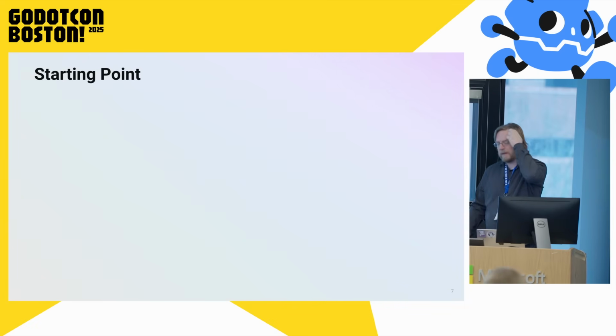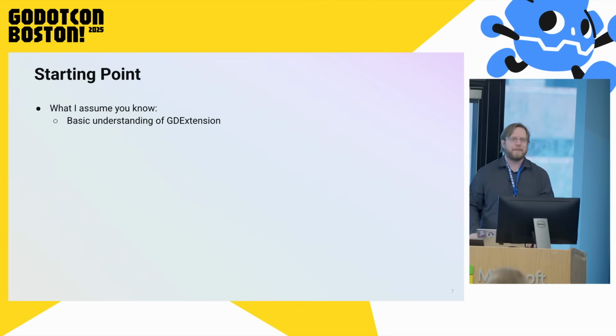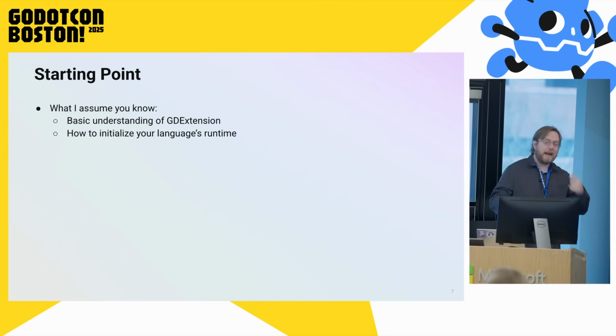So as a starting point, I'm going to have to assume you know a few things. The first thing I am going to assume you know is you have a basic understanding of what GDExtension is and what it does. I will go over some nitty-gritty details of GDExtension as it relates to adding scripting languages, but I do need you to understand GDExtension a little bit. The second thing I need you to know is how you can initialize your language's runtime.